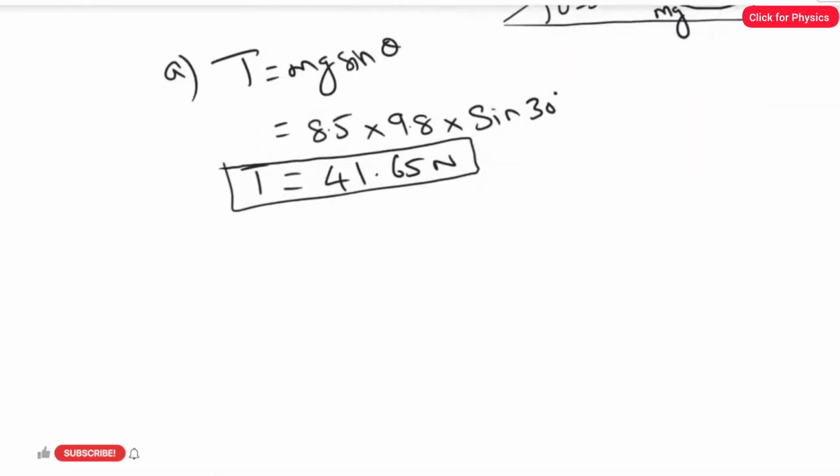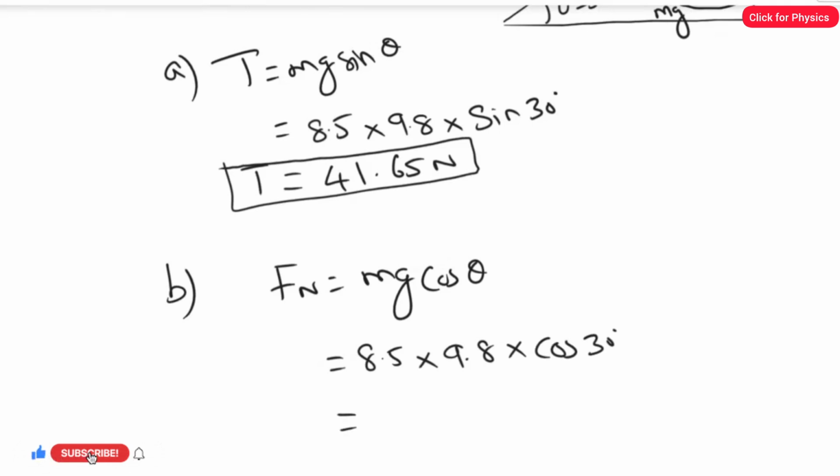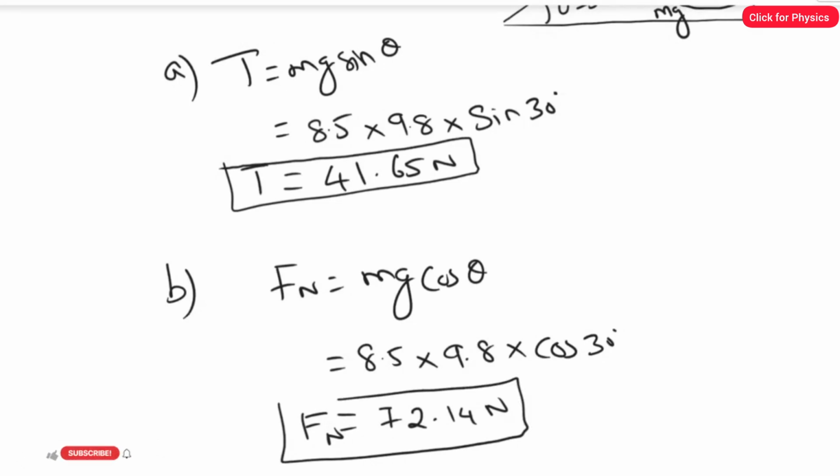So Fn is equal to mg cosine theta, and the mass value is 8.5 multiplied by 9.8, that gravity value, multiplied by cosine of 30 degree. Here I got the answer as 72.14 Newton, which is our normal force. So this is the answer for B part.